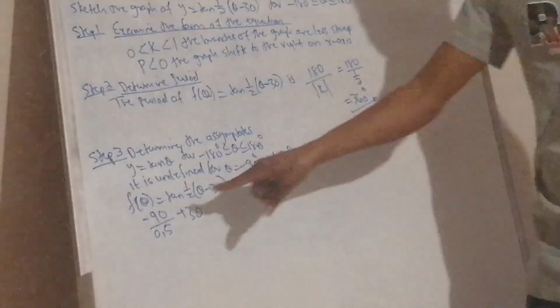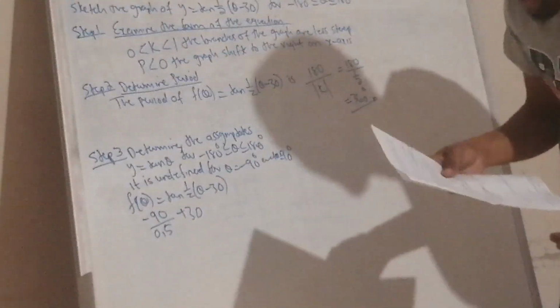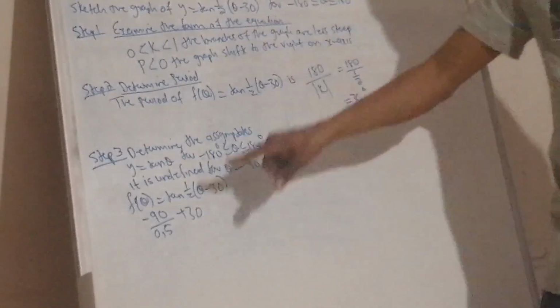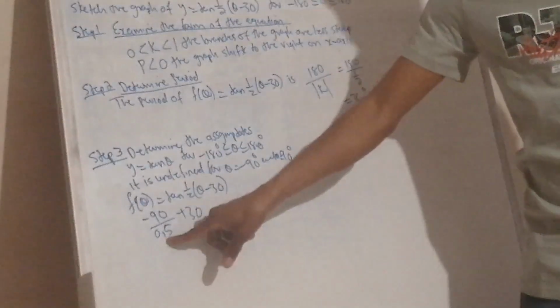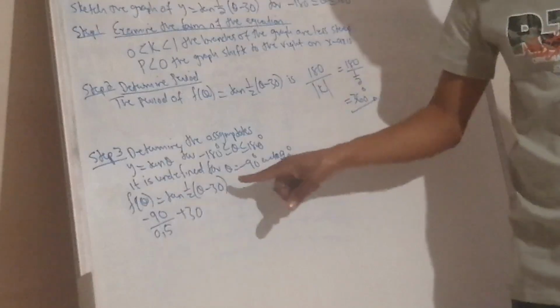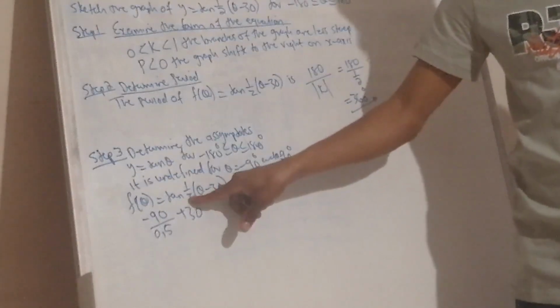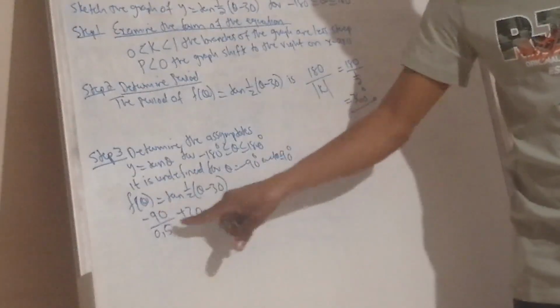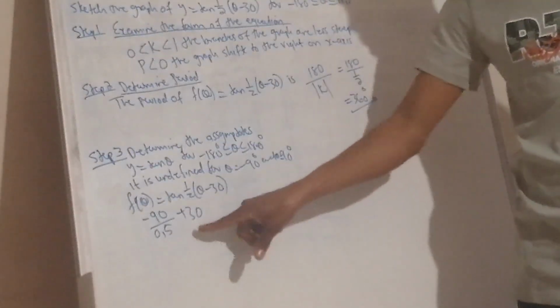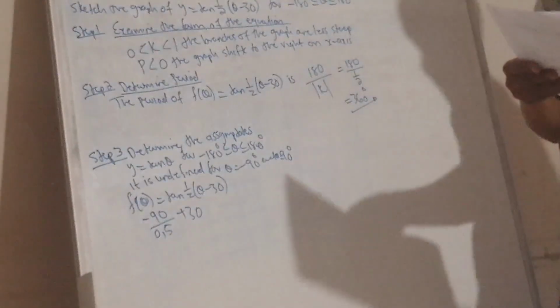How about the asymptotes of this function? They are 90 or minus 90, divided by 0.5, plus 30.